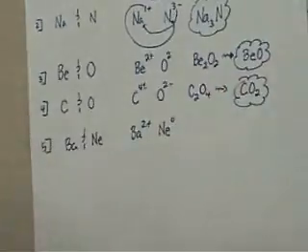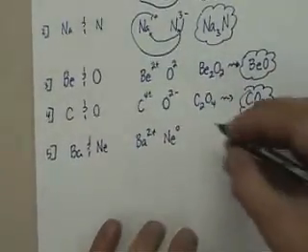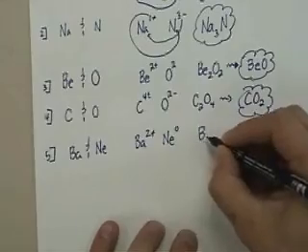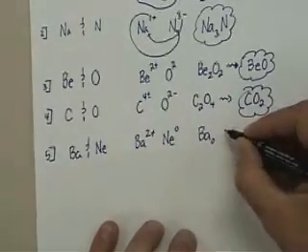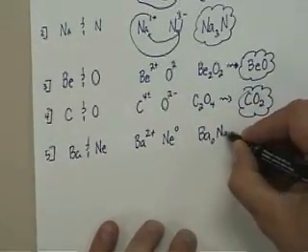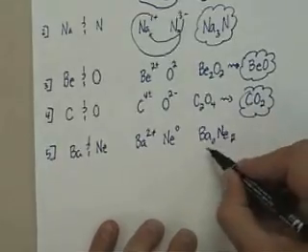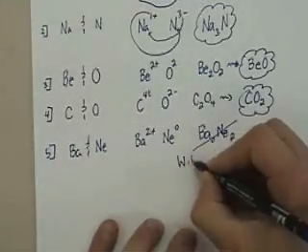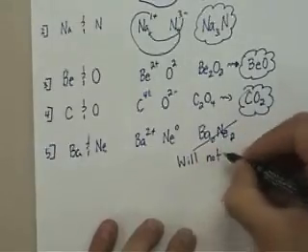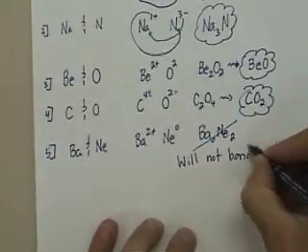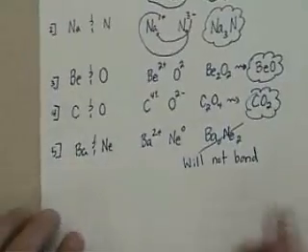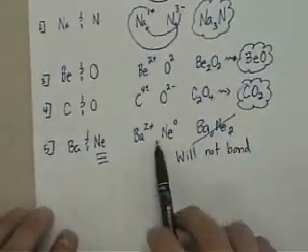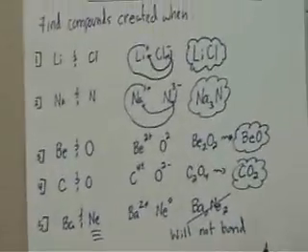Neon is 0. Crisscross, 0, and E2. This 0 here throws everything off. You'd say will not bond. So anything with a noble gas does not bond. We've done our crisscross to show why.